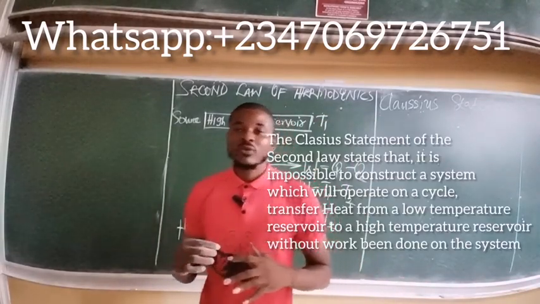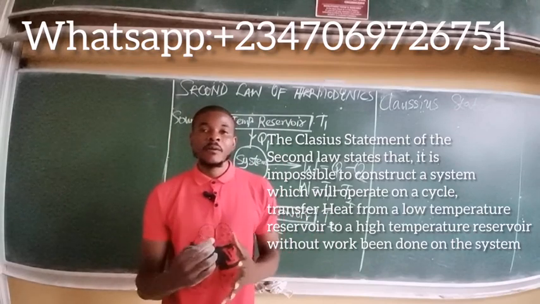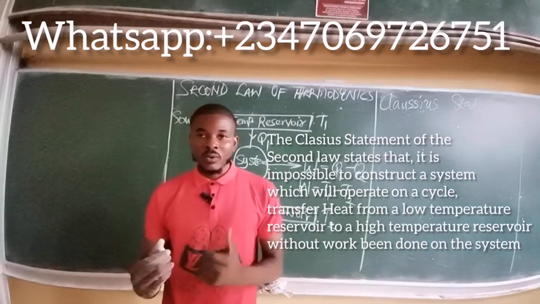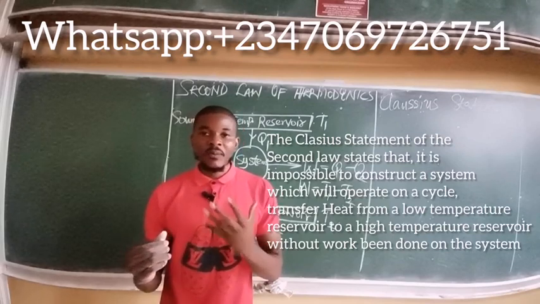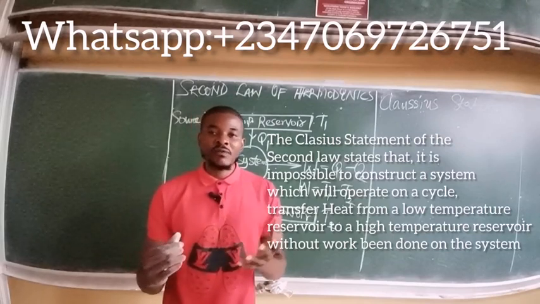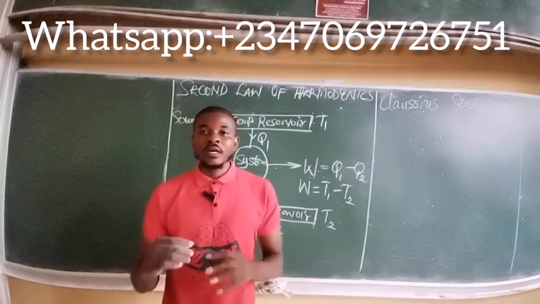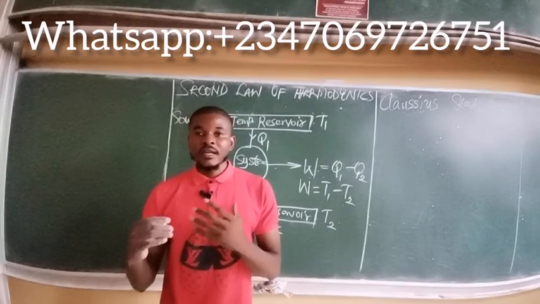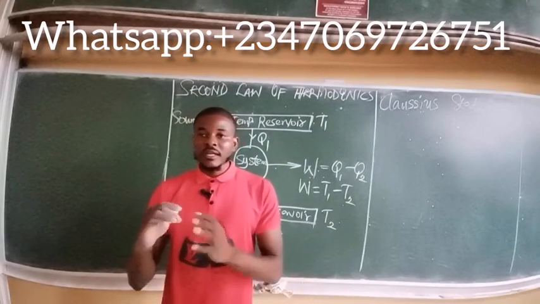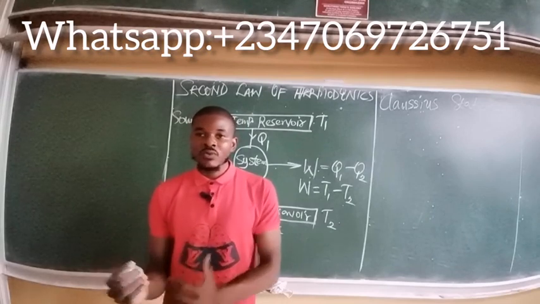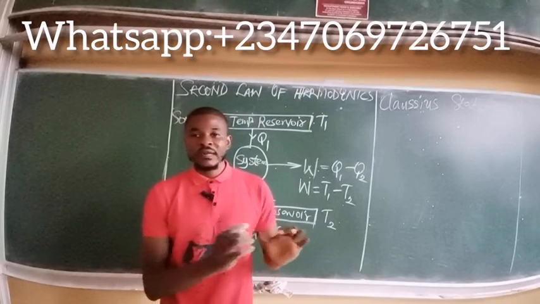Now, the Clausius statement of the law simply states that it is impossible to construct a system which will operate on a cycle, extract heat from a cold reservoir, and supply it to a high temperature reservoir without work being done on the system. So it is simply saying that if heat is being transferred from a cold reservoir to a hotter reservoir, then invariably we are doing work on the system.